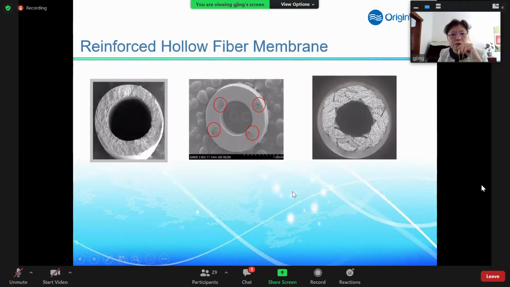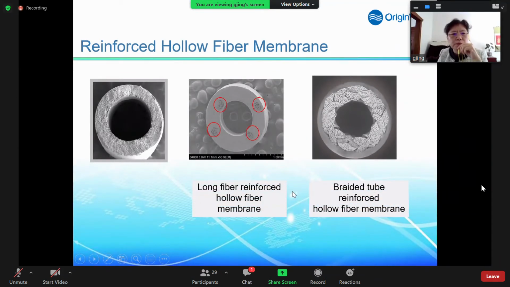The membrane material developed from the simple hollow fiber membrane, with modifications for strength: long fibers reinforced within the inner structure of the membrane. By now, we have developed the reinforced hollow fiber membrane, a very strong membrane fiber, so those membranes can withstand the very bad situations in wastewater treatment plants.